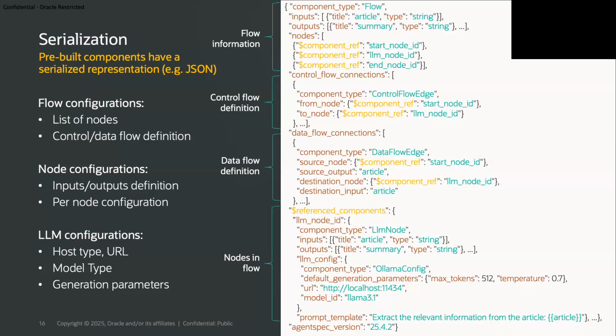That's why at the bottom you see referenced components, which are all of the components referenced in different parts of the configuration, because it quite often happens that we want to reuse the same node or the same tool or the same agent in multiple parts of this configuration. So, instead of growing the size of the configuration infinitely, we use this reference object to keep the size of the configuration as simple as possible.